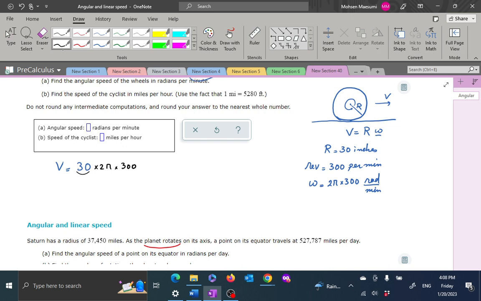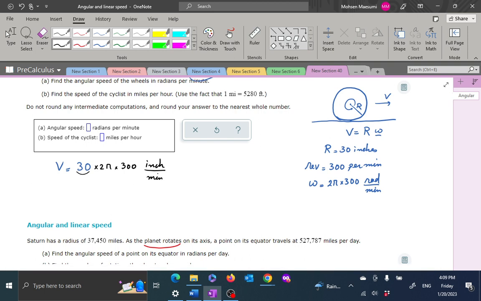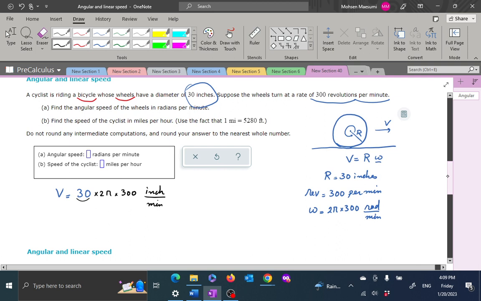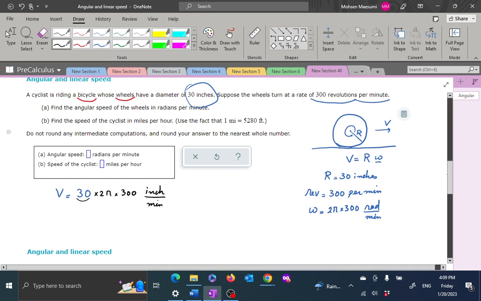Since the radius is given in inches, the velocity that we get is in terms of inches per minute. So what is it that we want? Well, we want something quite different. We want it in terms of miles per hour.